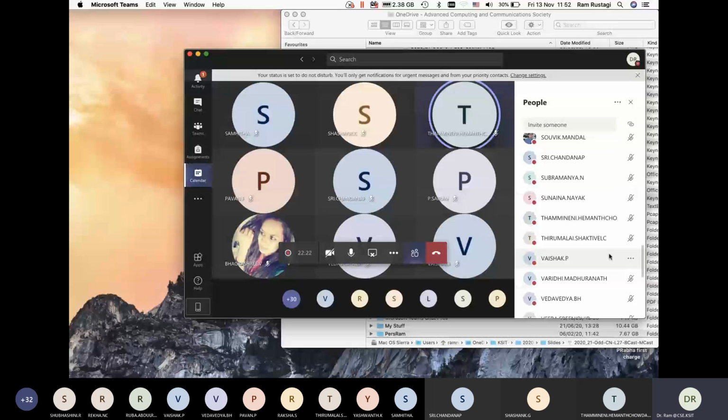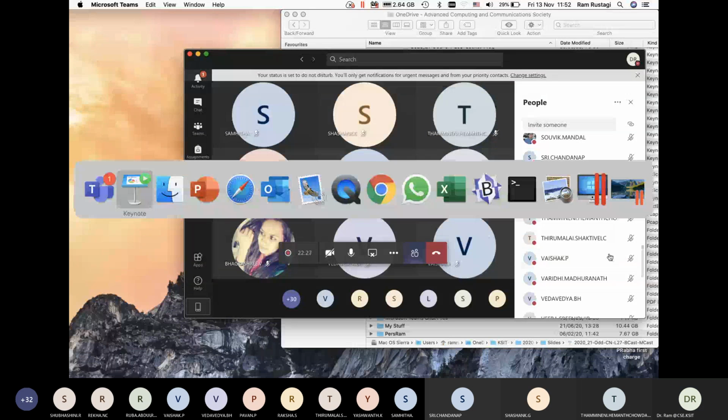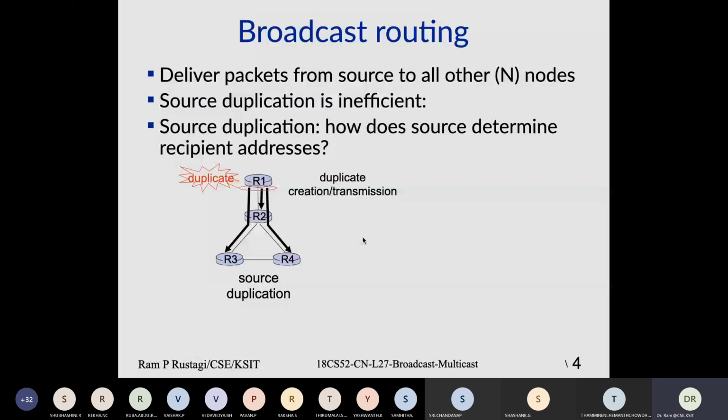The two approaches you're saying are: either R1 duplicates, let's say there are 100 routers, R1 sends 100 packets, and you have a whole tree connectivity; or rather than R1 sending 100 packets, R1 sends only one packet, and R2 makes as many copies as there are links, so each router makes that many copies as there are links.